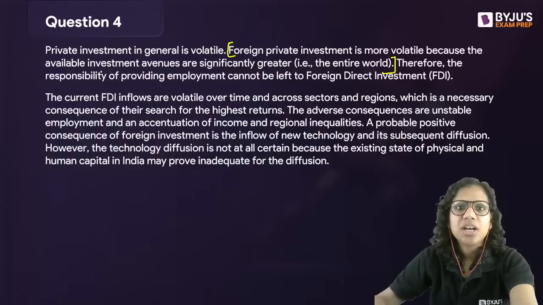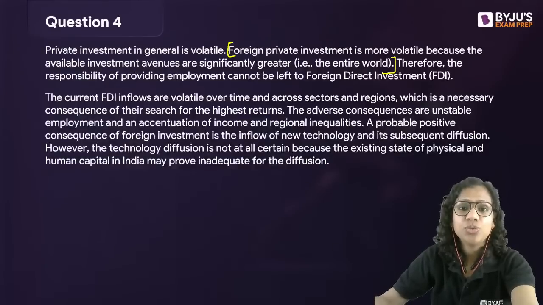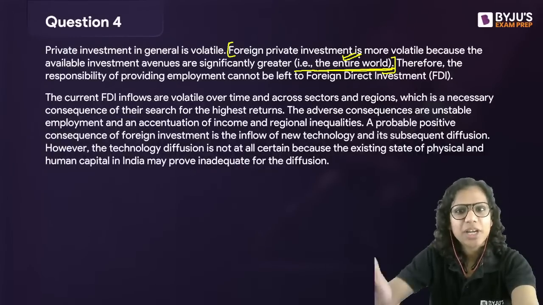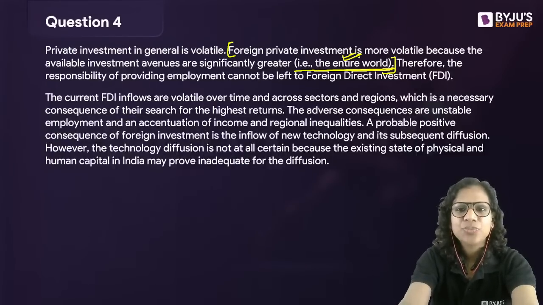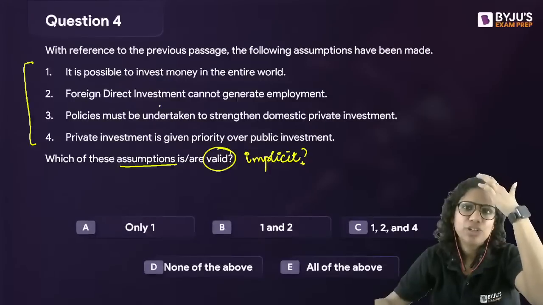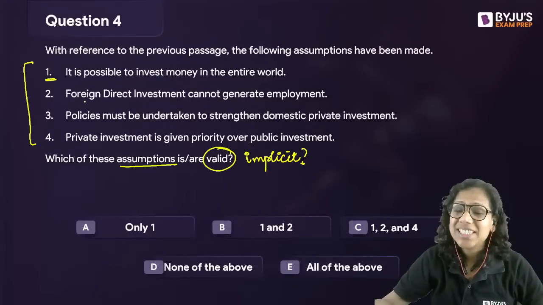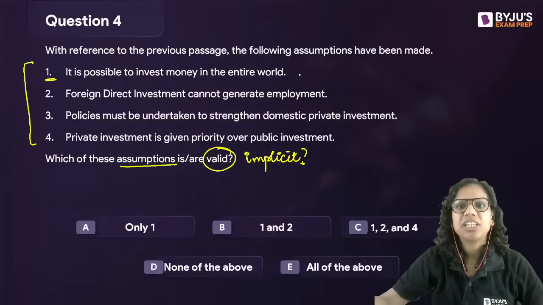The passage says that for foreign private investment, the available investment avenues are significantly greater. That is the entire world. That means it is possible to invest money in the entire world. So at least some kind of investment is possible in the entire world. So one is implicit.